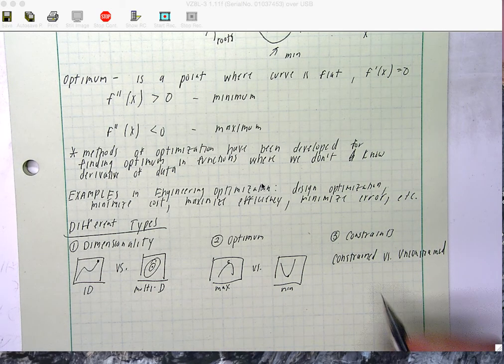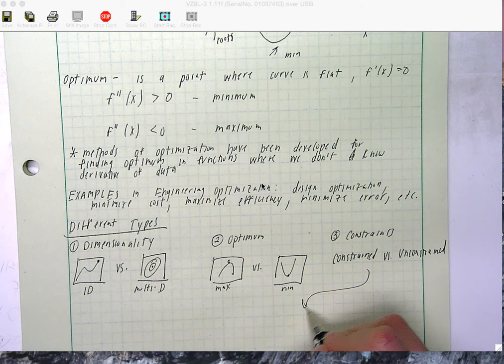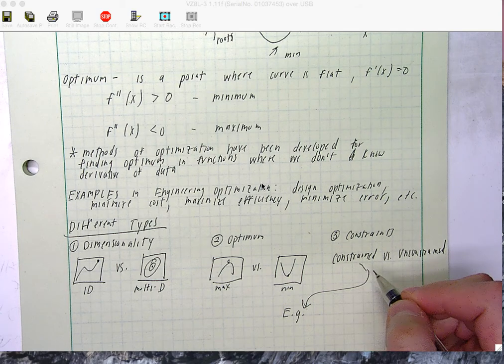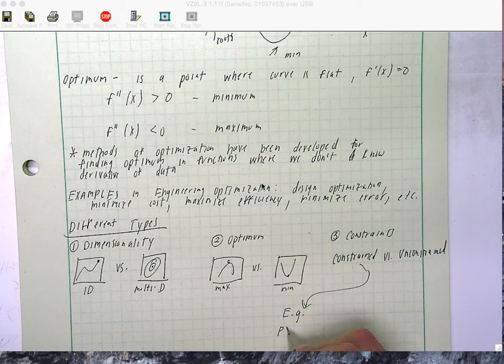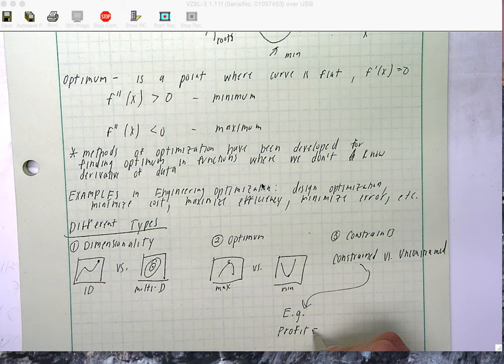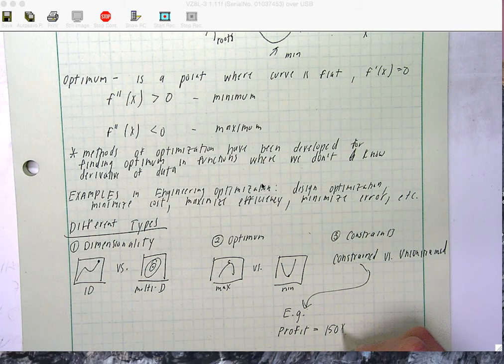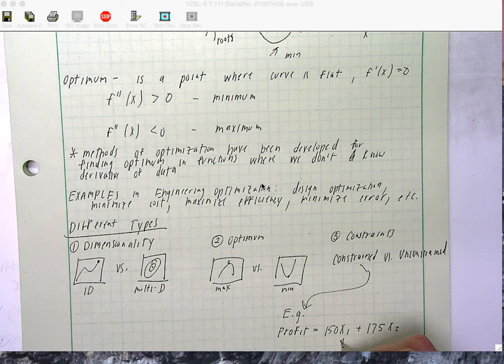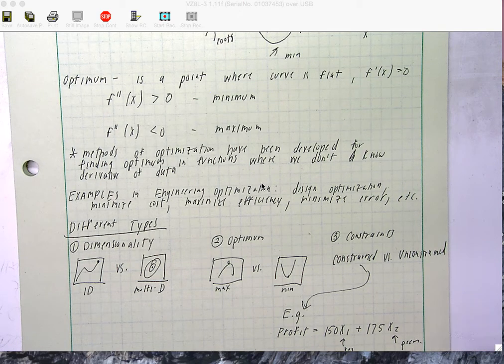So let me give an example of a constrained optimization. So let's say you had a function that was measuring profit, and the profit is for regular or premium gas. So just think of the first variable as regular and the second variable as premium.